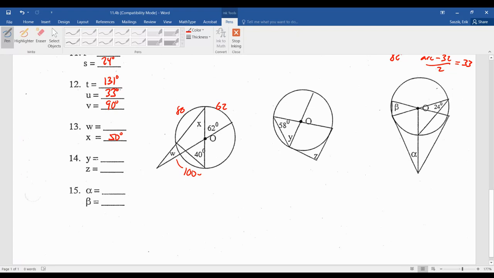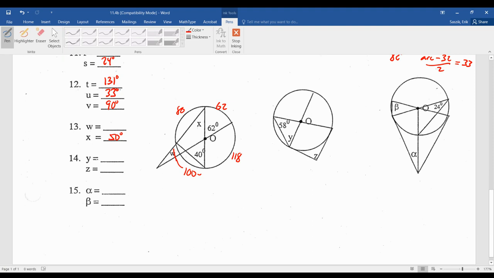Okay. Now this W, I know it's hard to tell, that's the angle out here. And this 100 was from there to there. Let's go ahead and fill in the rest of these blanks. If that's 62, this has to be 118.